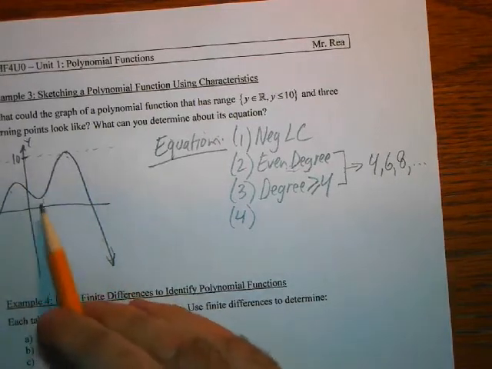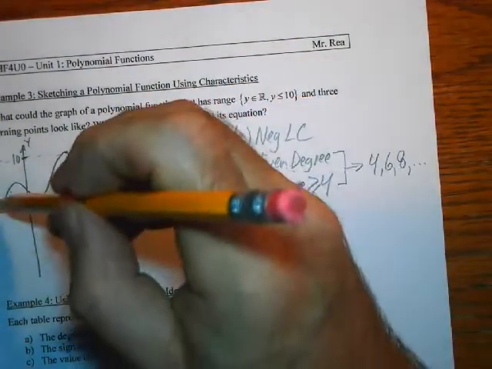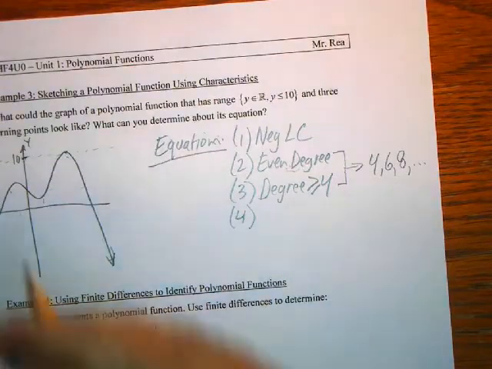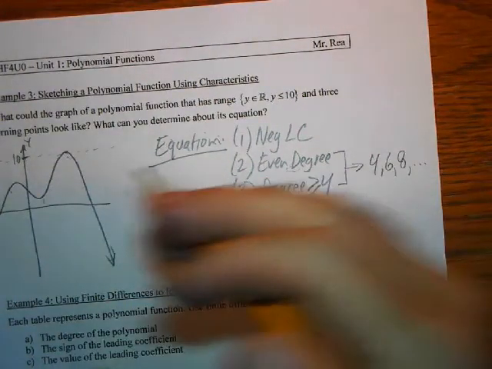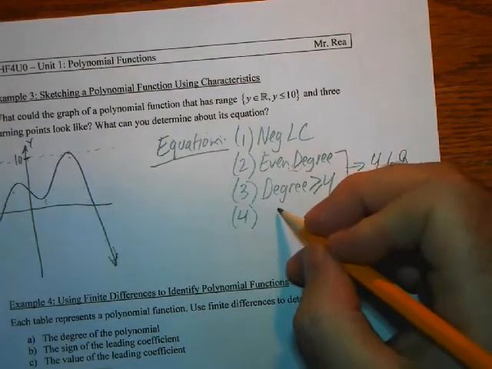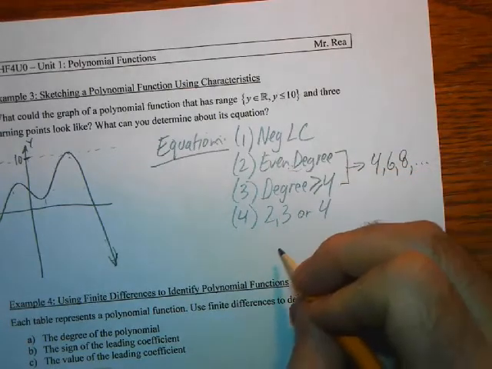Since there's 3 turning points, if we look at it, what's the maximum number of times it crosses here? 1, 2, 3, 4. But we kind of just drew that arbitrarily, so for our graph it might be 4, but it's actually 2, 3, or 4 zeros.